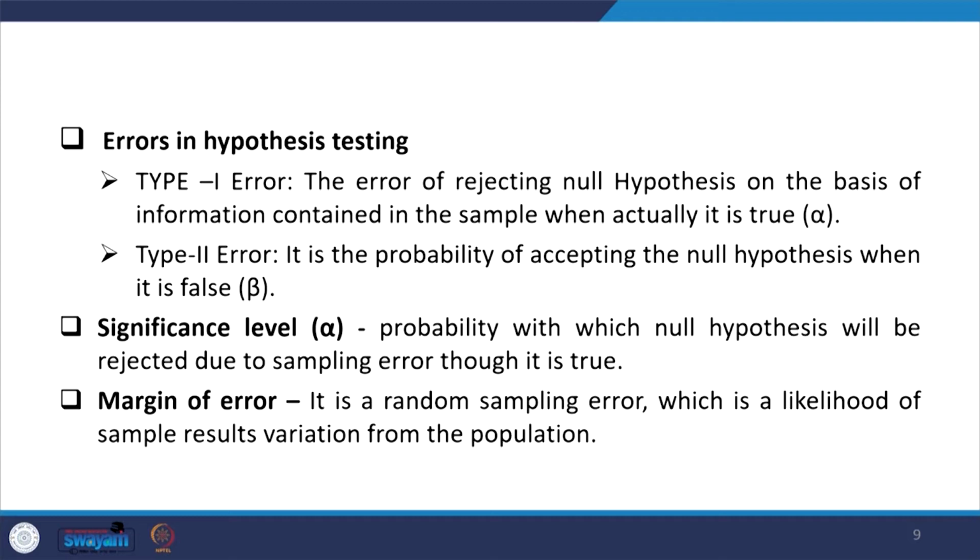Type 1 error is basically when we reject the null hypothesis when it is actually true, in whatever context you consider. For example, suppose you want to study the implications of COVID on the rural economy and their nutritional level.